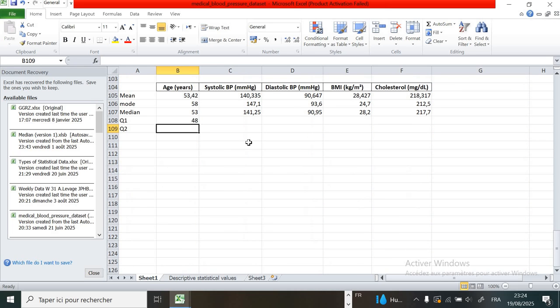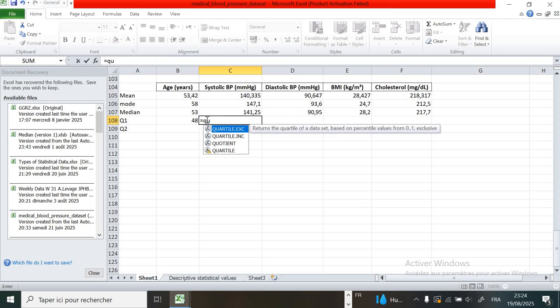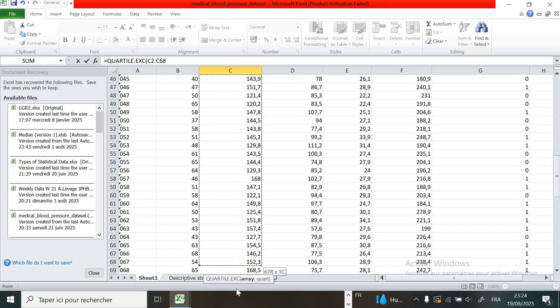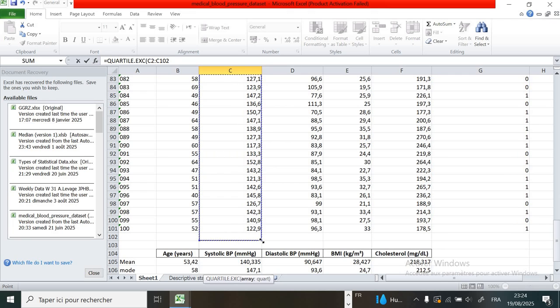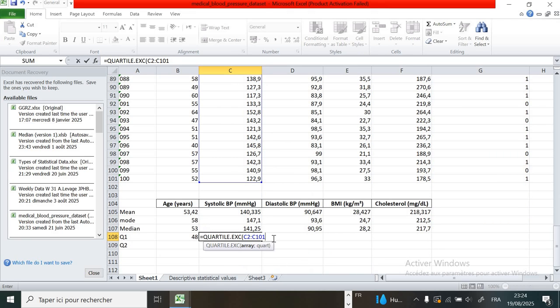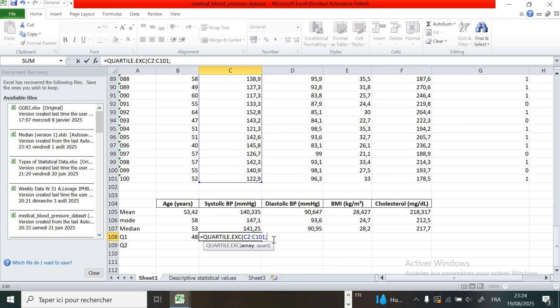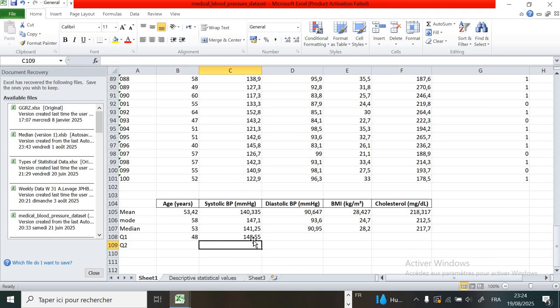Systolic, we look for systolic, the same here. This is 148.